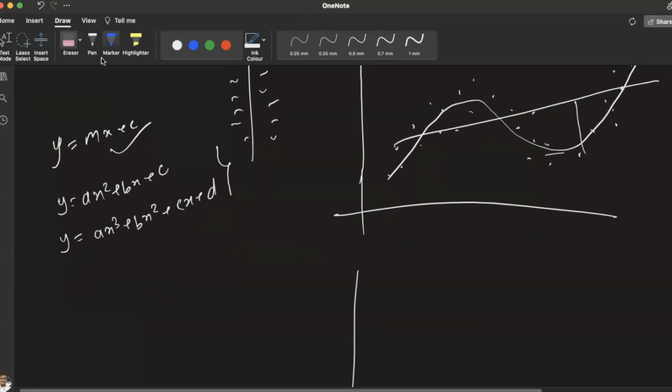So in case of degree 4 polynomial, how will it look like? Y equals, and this is just a standard equation. In our case, we write all the coefficients in W terms, where W is nothing but our weights. So if I'm writing this whole equation in terms of W, it will be W0 plus W1x. This is a standard term, plus W2x square plus W3x power 3, right?